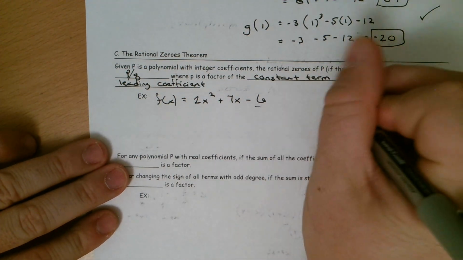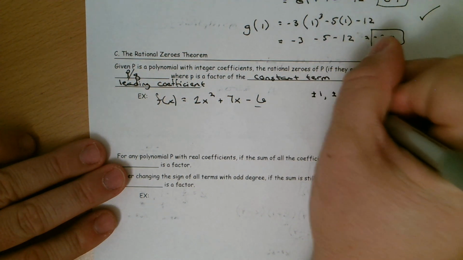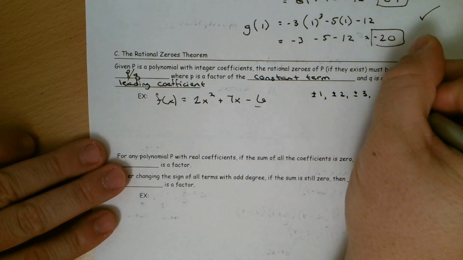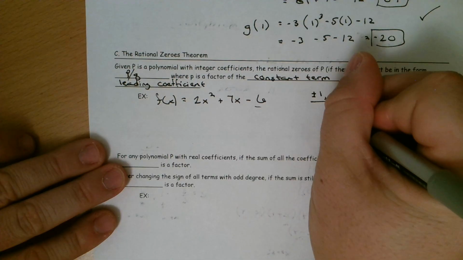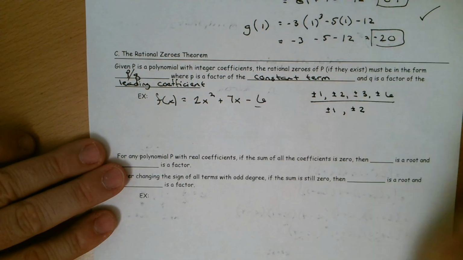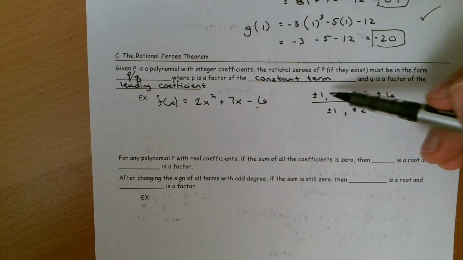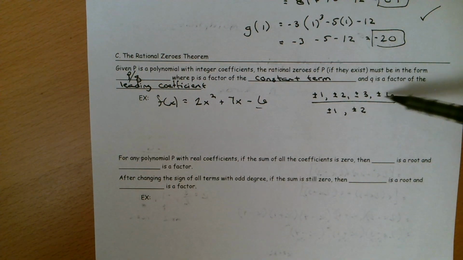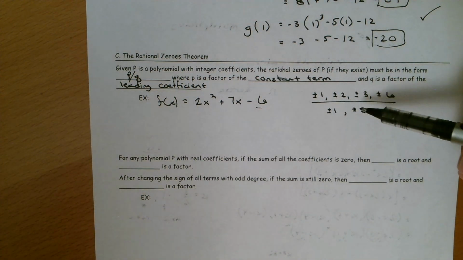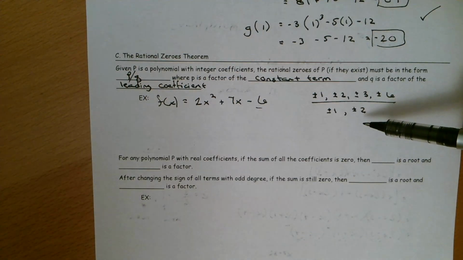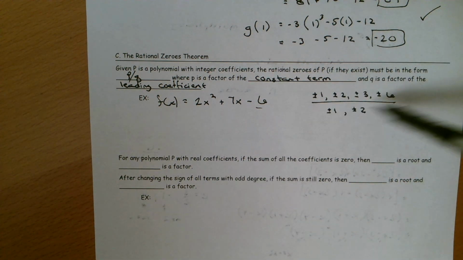So those are going to be plus or minus 1, plus or minus 2, plus or minus 3, and plus or minus 6, divided by plus or minus 1, plus or minus 2. So every combination of that: 1 over 1, 1 over 2, 2 over 1, 2 over 2, 3 over 1, 3 over 2, 6 over 1, 6 over 2, and all the negative versions of that are going to be possible zeros. We don't know if they're zeros, but if they do have rational zeros, it's going to look like this.